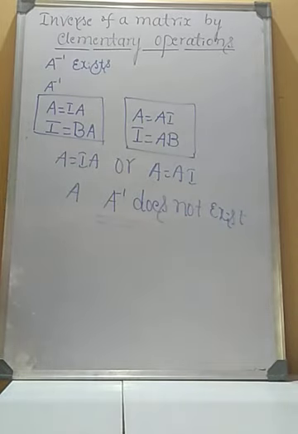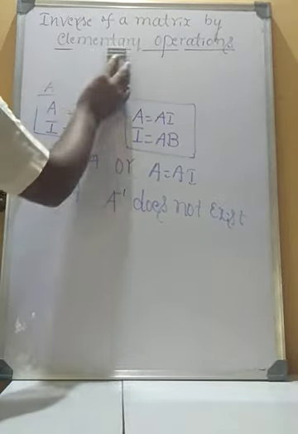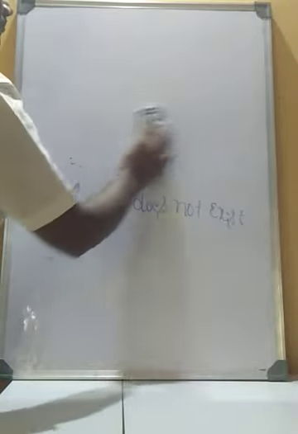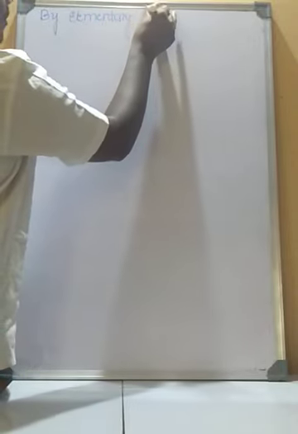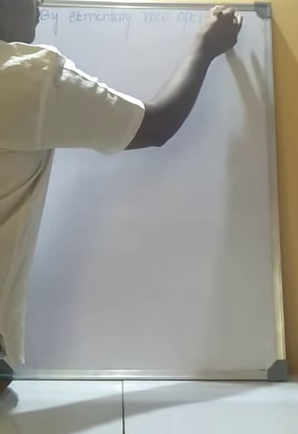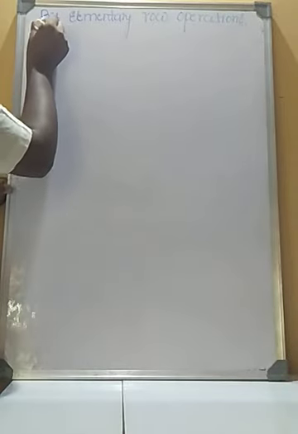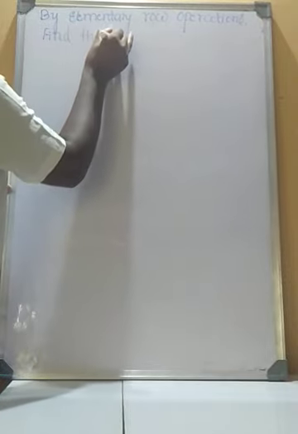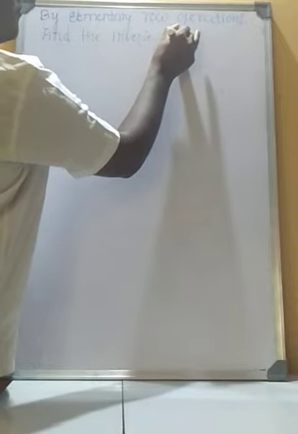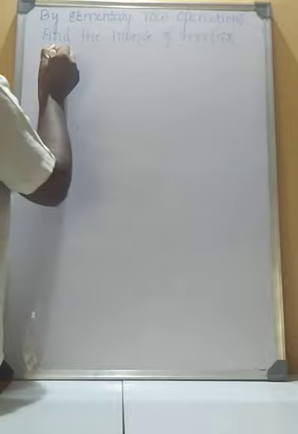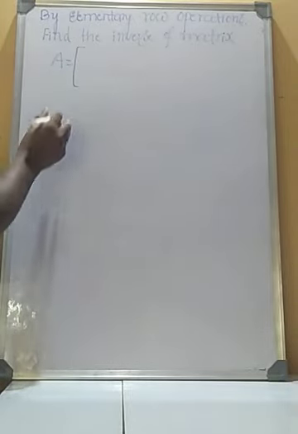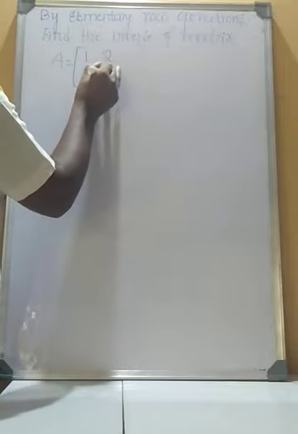So now by taking one example. Example 1: by elementary row operations, find the inverse of matrix A, that is equal to 1 2 2 minus 1.